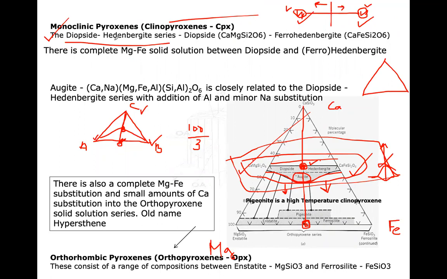Okay, so this is the pyroxene, clinopyroxene compositional diagram, where you see one particular series, that is the diopside Hedenbergite series. This is a complete iron magnesium solid solution between diopside and Hedenbergite. Here you see the magnesium end member and here you see the iron end member.